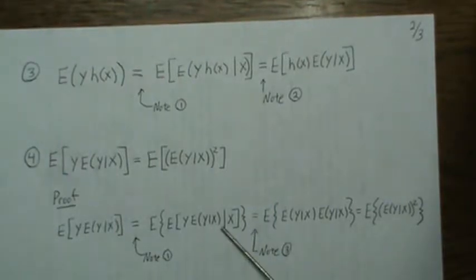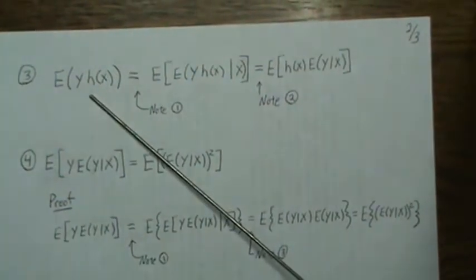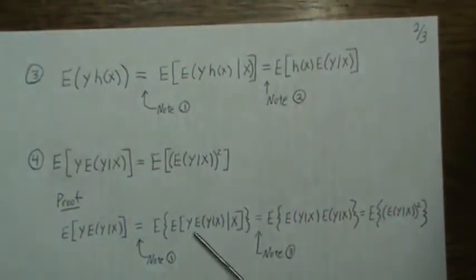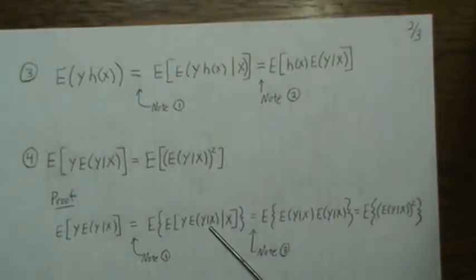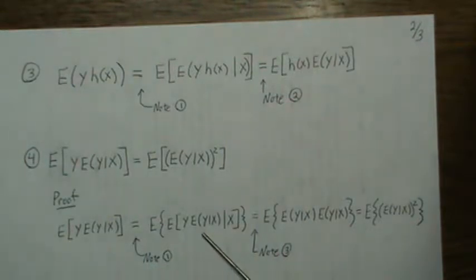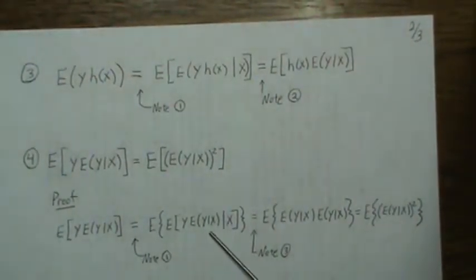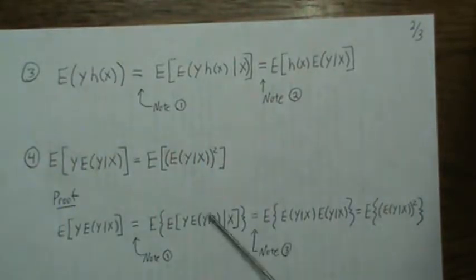And then by 3, up here, the expected value of y times a function of x. So this piece actually can be taken out front, and then it's just the expected value of y given x, which is this. And then that's squared, so we get that.